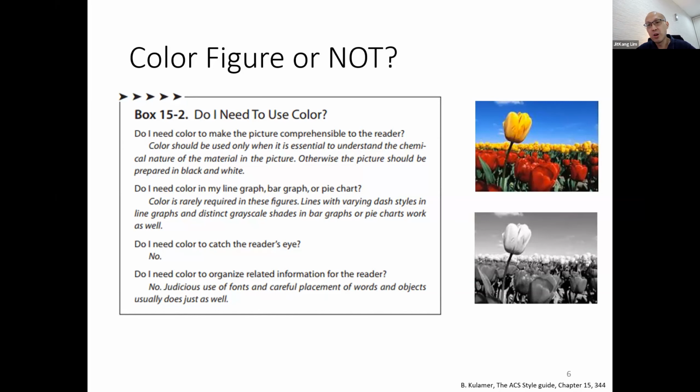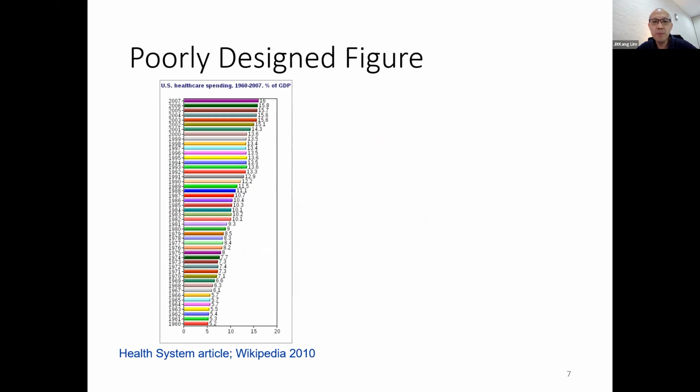The reason is that if you have too many lines, the colors may be very messy. But it's a personal taste. I'm not going to advocate this point because it eventually depends on who the author is and who the reader is. If you do not need color to catch the reader's eye, for example, to make some data stand out from the rest, you might use symbols only. You don't need to use different colors.